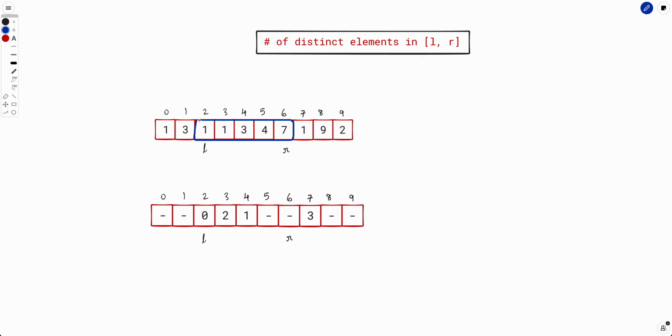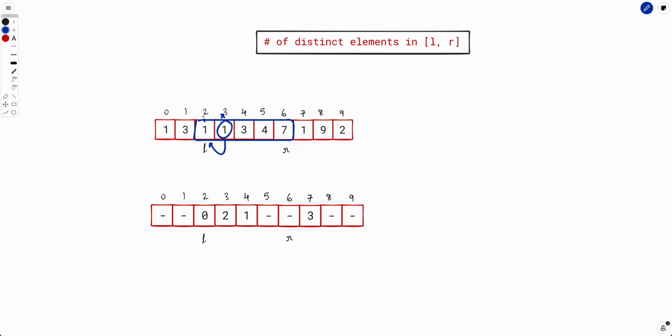Now the distinct element definition is, if an element is there, the previous occurrence of this element should not be within this range. So in this case 1 will not be counted because the previous occurrence of 1 is still in this range, but this 1 will be counted. Why?